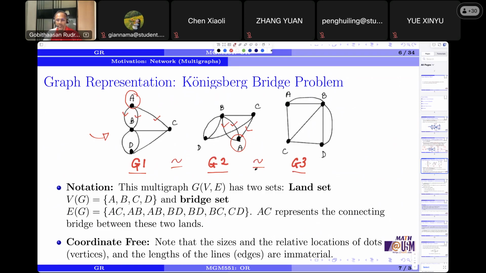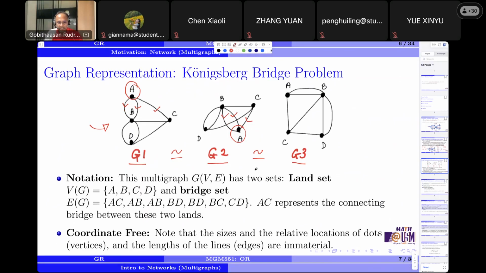One thing you should note is that it is coordinate free. A graph or a network is a coordinate free mathematical object. The sizes and locations of the dots, which we call vertices, and the length of the lines, or the type of line, whether curvy or straight, are immaterial.